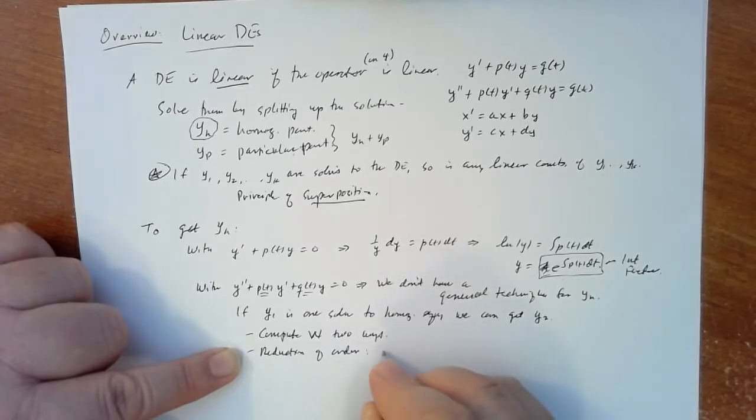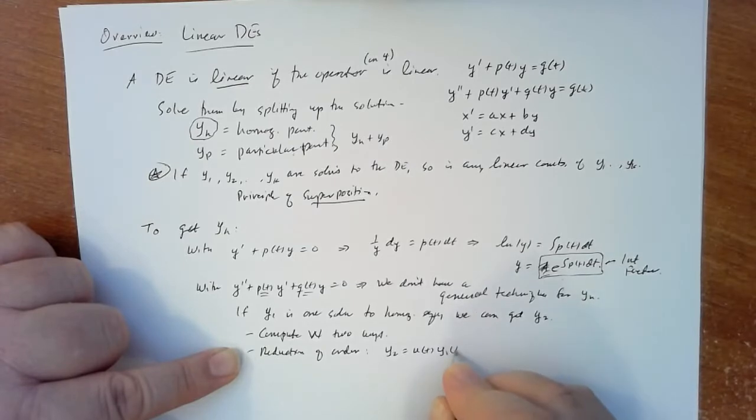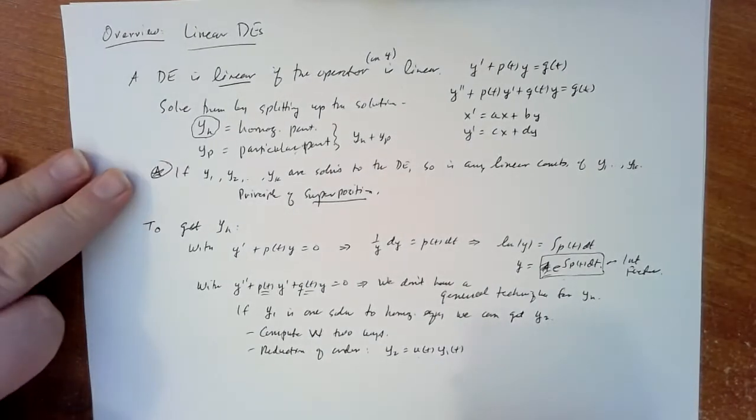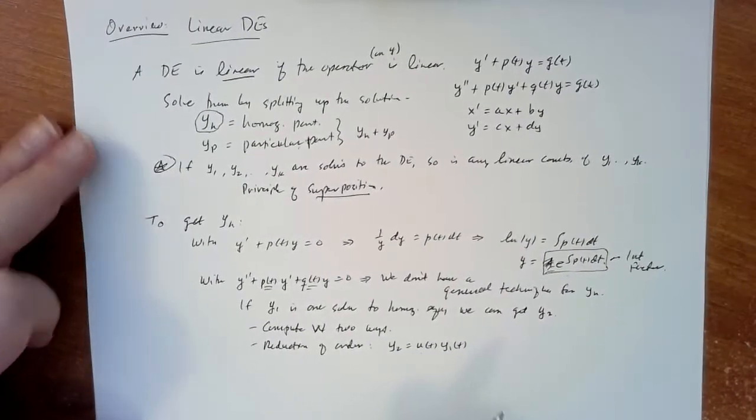And that's where you assume that y sub 2 is some function, should we call it u, times y1, and then plug that into your differential equation and get the differential equation in u. Good. I wrote it this way because this is very suggestive, right? We had variation of parameters which was a very similar ansatz to that.